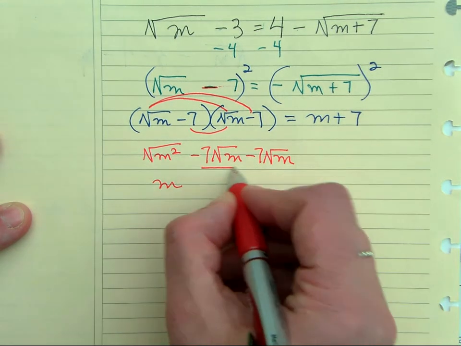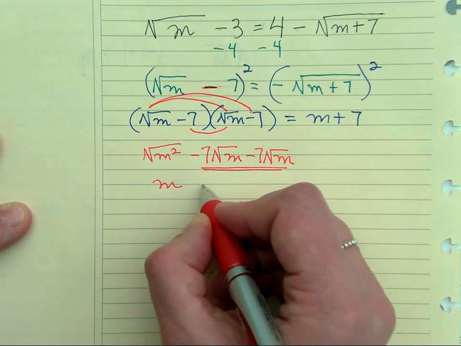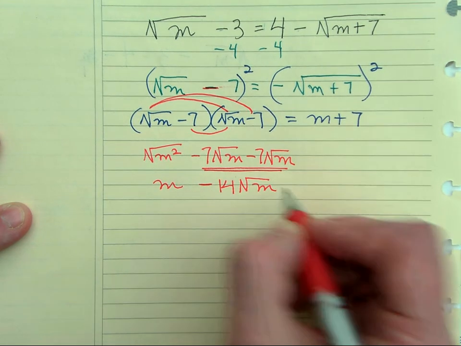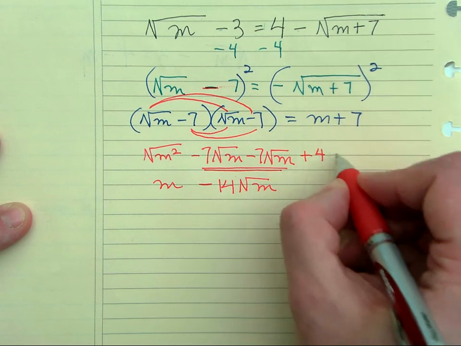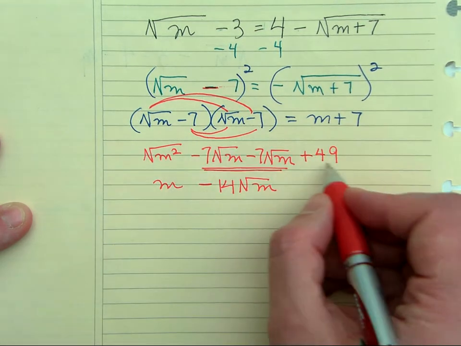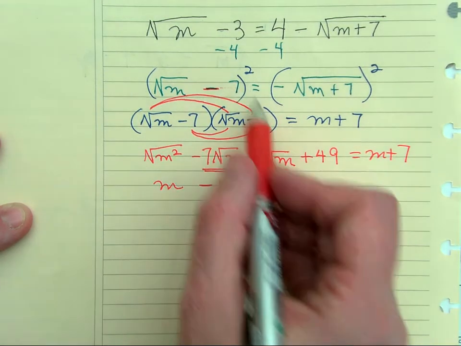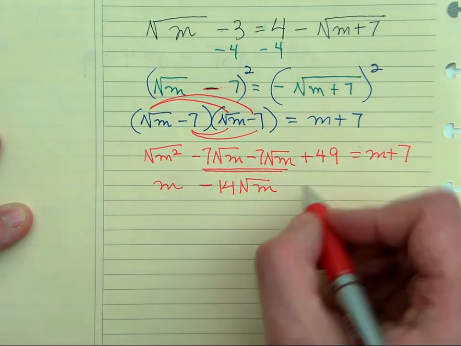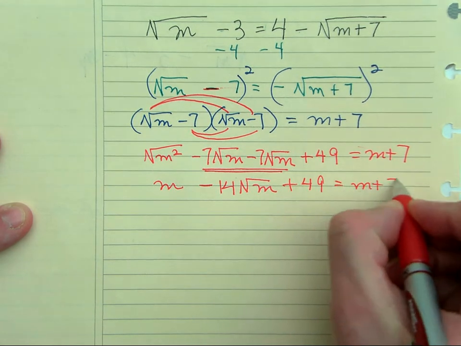Those are like terms, so that would simplify to negative 14 square roots of m. And then your last, you said, is what? Yeah, positive 49, because a negative times a negative, so plus 49 equals m plus 7.